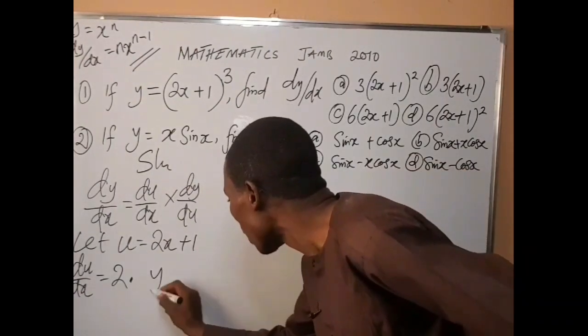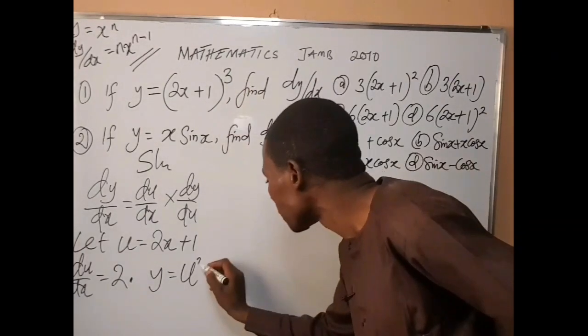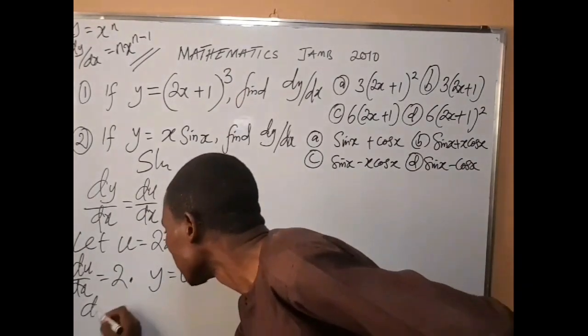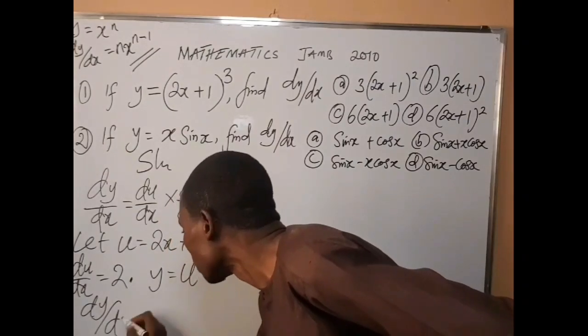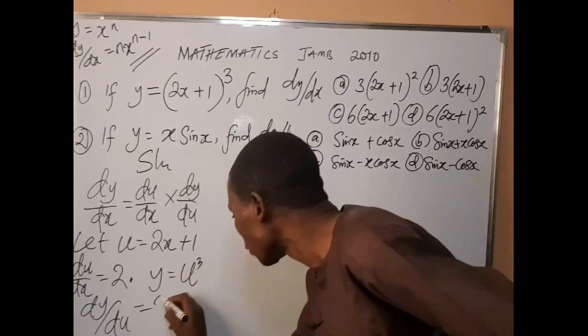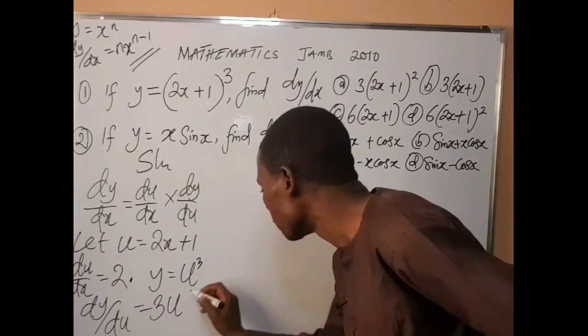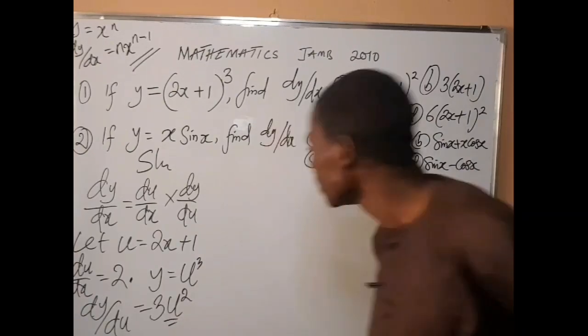Now we know that our y will now be equal to u raised to power 3. So we can say dy/du will be equal to, the power should multiply this, so we have 3u, we subtract 1 from the power, we'll be left with 2. So that is it.